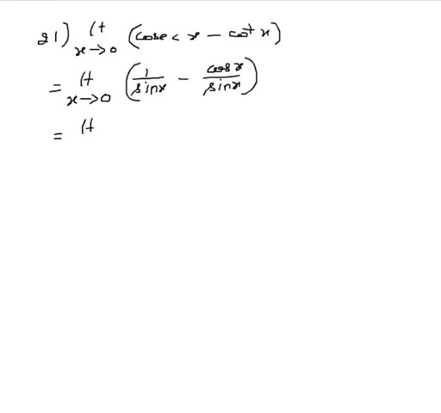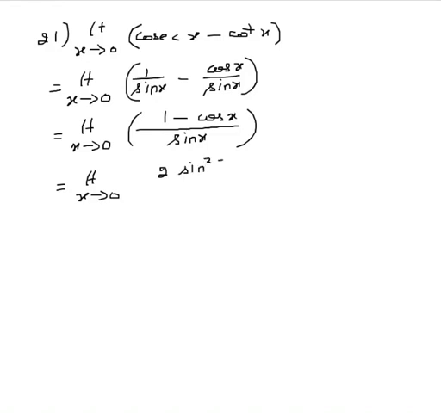Sin x, limit tending to 0 of sin x, and the numerator becomes 1 minus cos x, which is equal to limit tending to 0 of, keep writing the limit in every step till you apply the limit value. 1 minus cos x is 2 sin square x by 2, and denominator can be written as 2 sin x by 2 and cos x by 2.